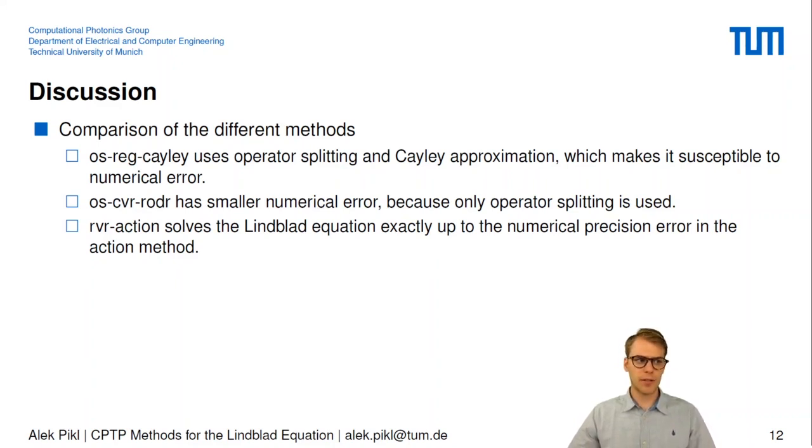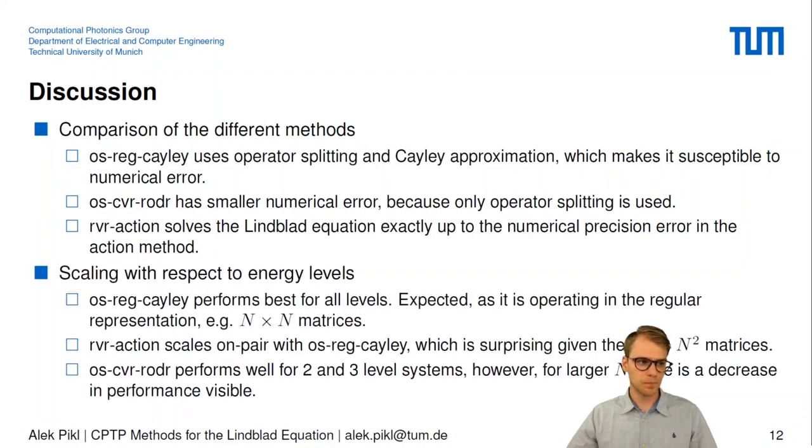Then we have the operator splitting in the CVR plus Rodriguez, which has a smaller numerical error because we're only using operator splitting, but we're calculating the exponential directly. And the third one, the action one, solves the Lindblad equation exactly, and the error is up to numerical precision, so we can basically go from highest error to lowest error, from top to bottom.